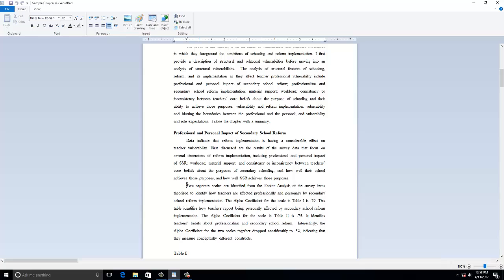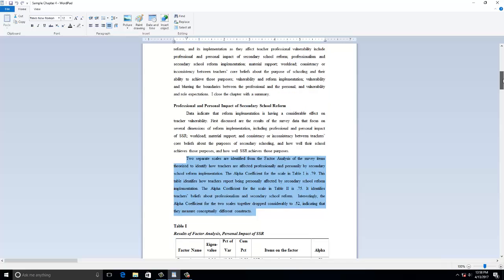It goes on, because I ran scales and did factor analysis, I start with an explanation of what's actually coming up in the table. So the scale in table 1 gives you the alpha coefficient, which tells you the strength of relationship.